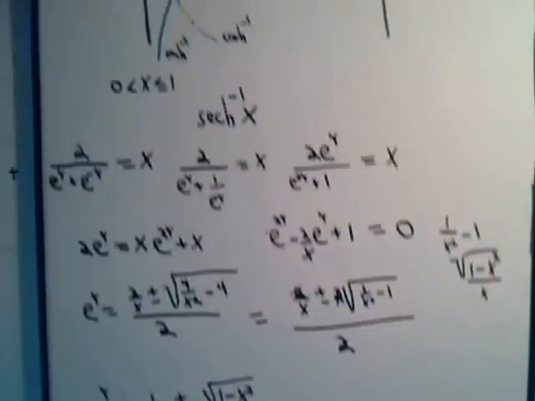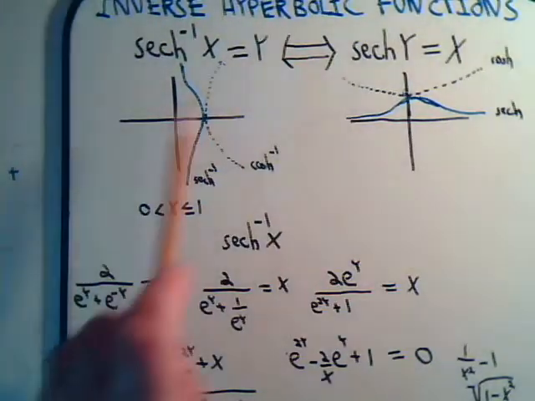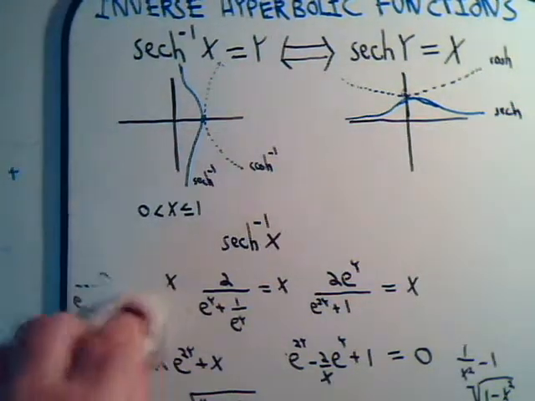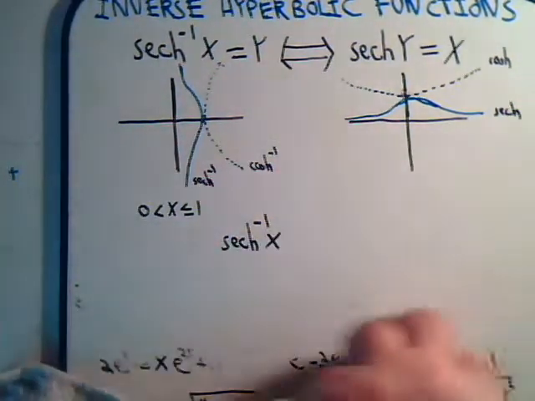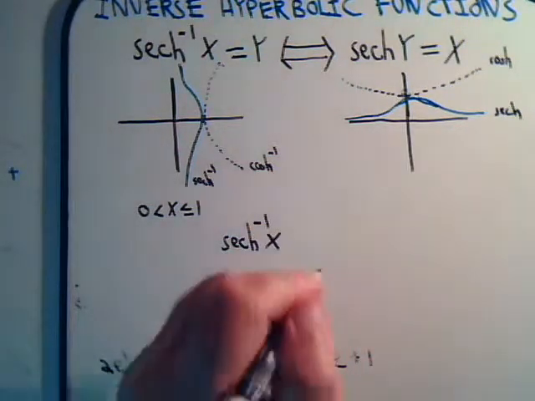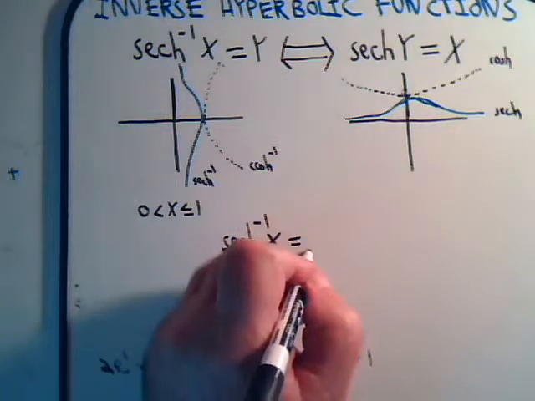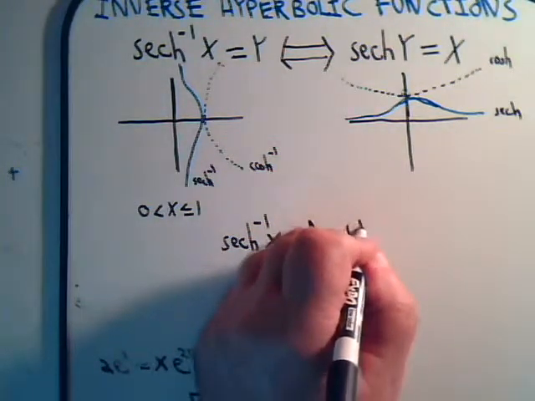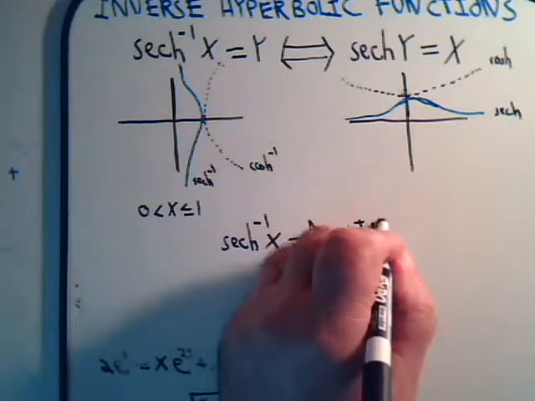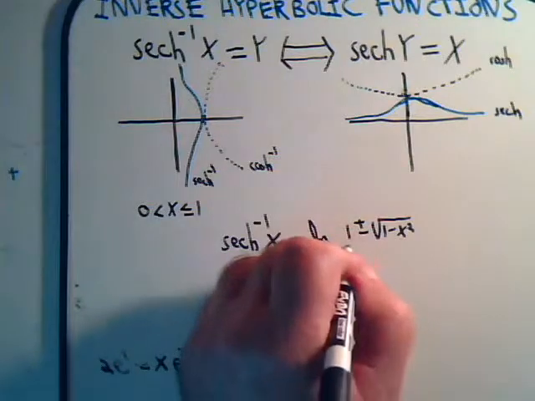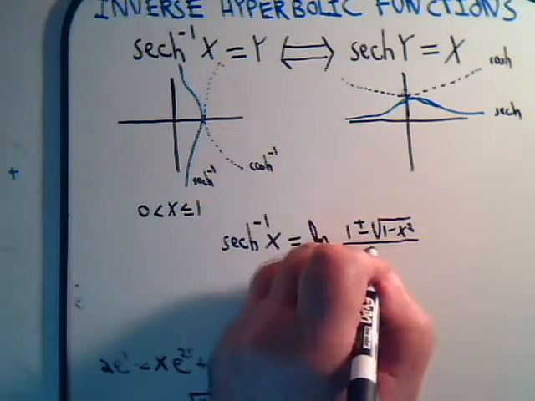So going back up to here then, y is this, so let's just make some room. We're going to write it like this then: y equals the natural log of 1 plus or minus the square root of 1 minus x squared, divided by x.